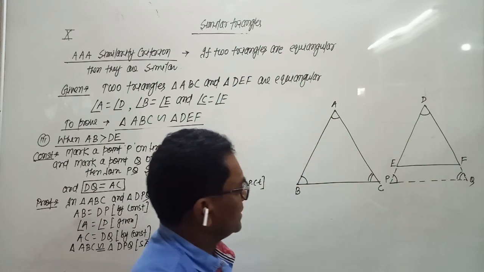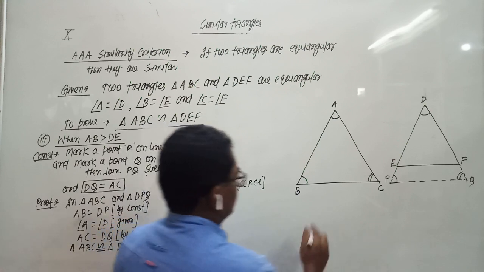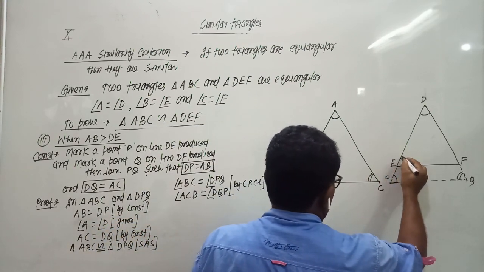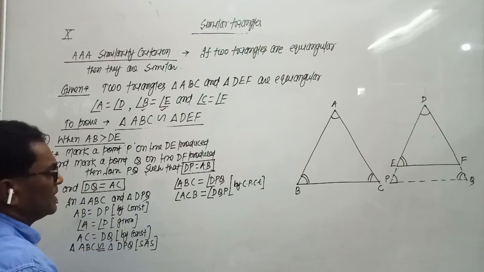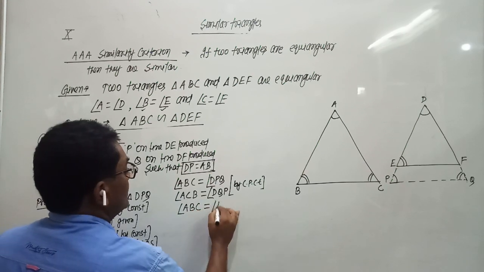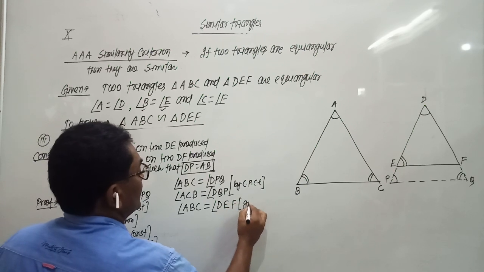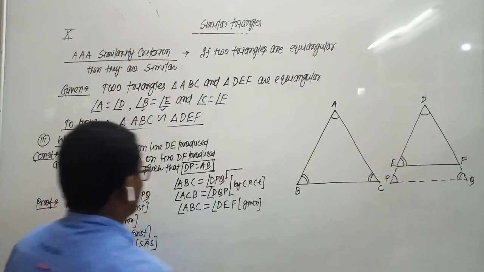And already it was given that angle A equals angle D. Also it is given that angle ABC equals angle DEF, and by CPCT angle ABC equals angle DPQ.